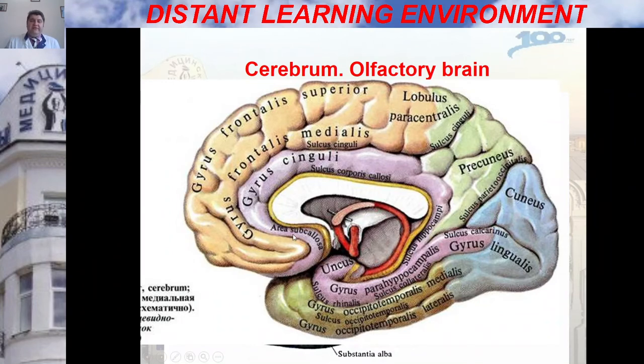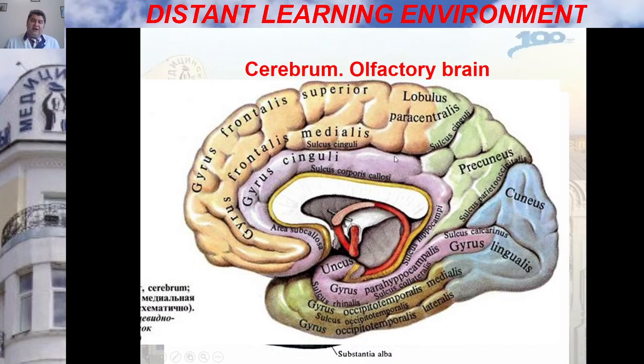You may see area subcallosa, gyrus cinguli. It passes posteriorly and it goes downward and passes to isthmus, and isthmus passes to gyrus parahippocampalis and uncus.